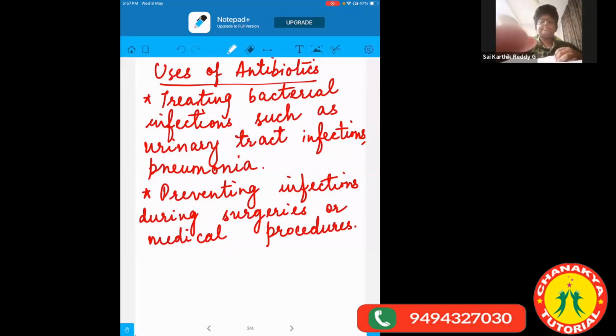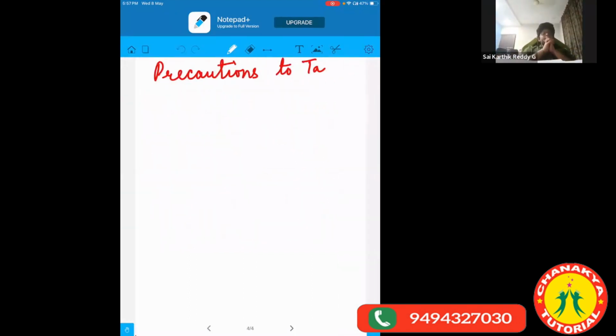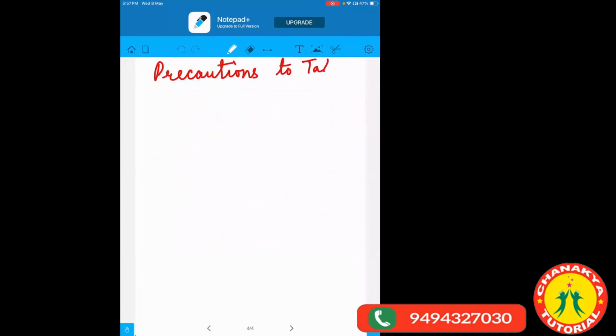Ma'am, done, ma'am. Okay. So now next one, precautions to take while using the antibiotics. So whenever we are taking the antibiotics, what precautions we need to take?